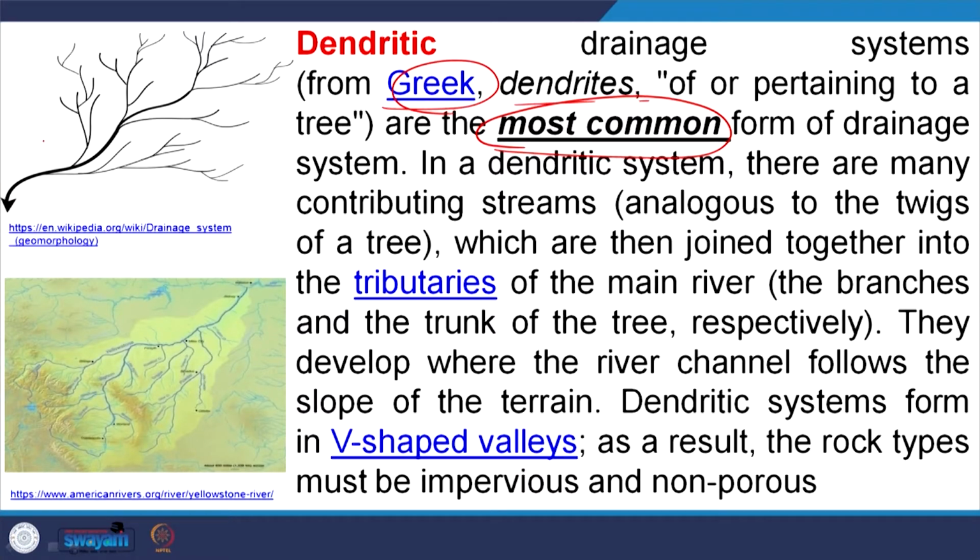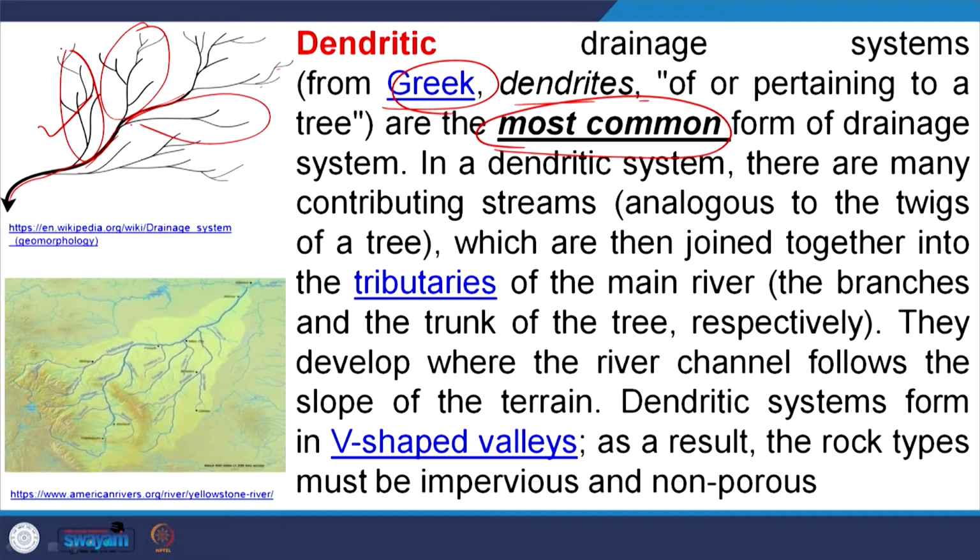This is the ideal figure of a dendritic drainage pattern. If you see here, these look like branches of a tree, and they are meeting the trunk river or the main river. Each tree branch is meeting this trunk river. This is showing the dendritic drainage pattern.